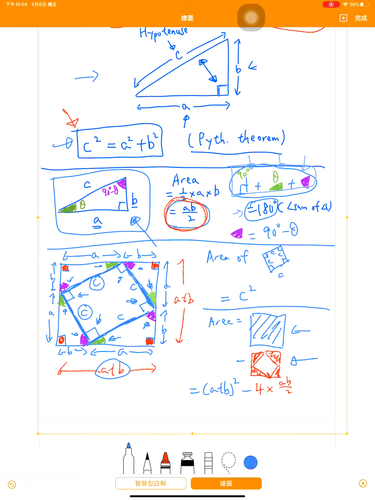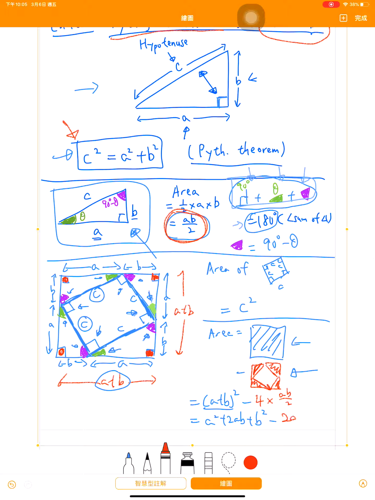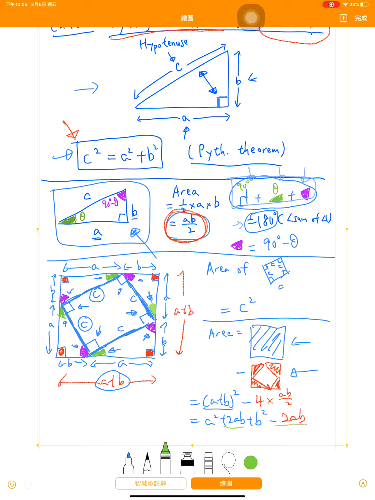And then we can simplify this one by using the identity, a squared plus 2ab plus b squared. This one is 4 times AB over 2, that is 2ab, right? And you can see these two can be cancelled, positive, negative.